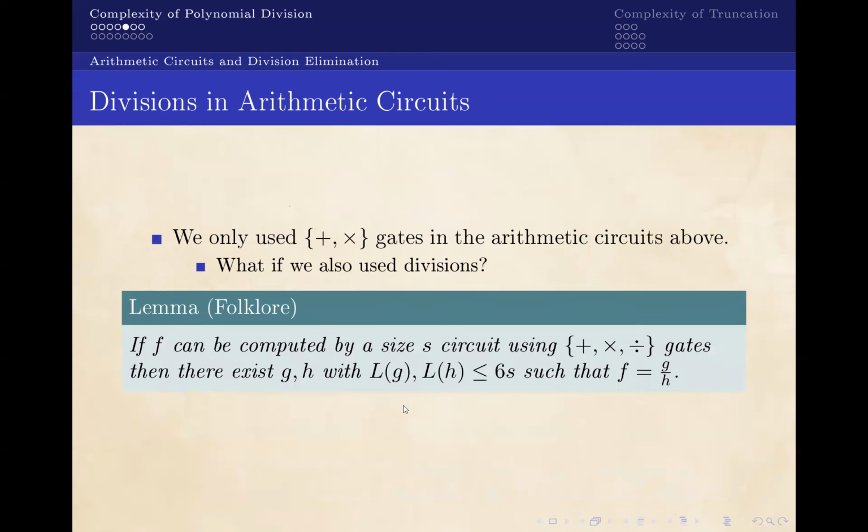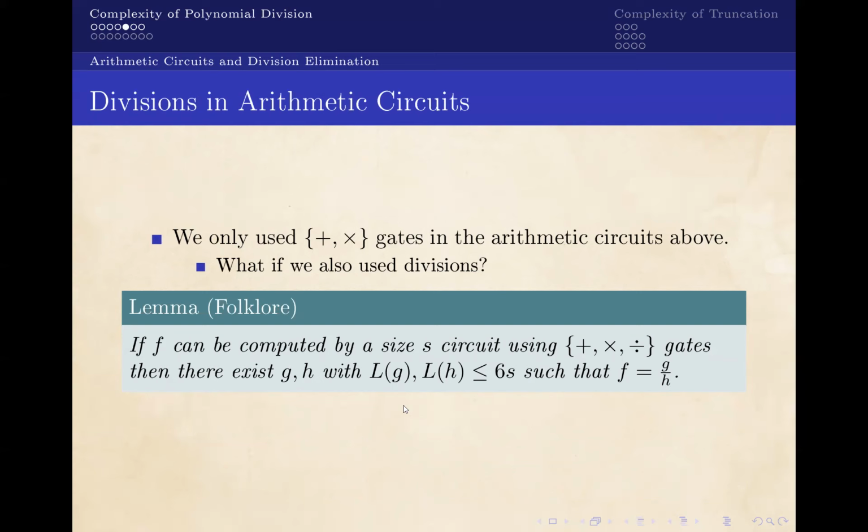Now let me move on to division in circuits. When I defined L of f for a polynomial f, I only used addition and multiplication gates. What happens if we also use division gates?